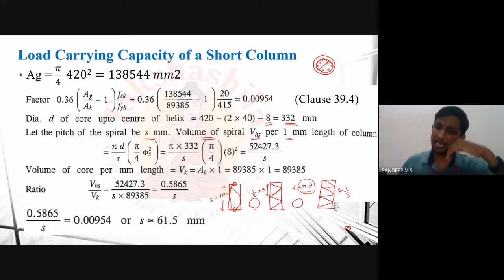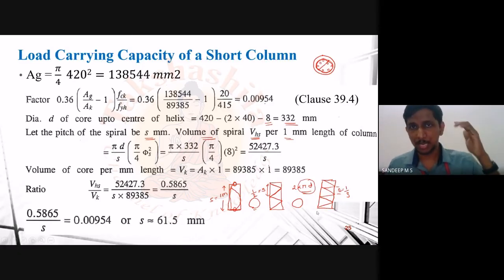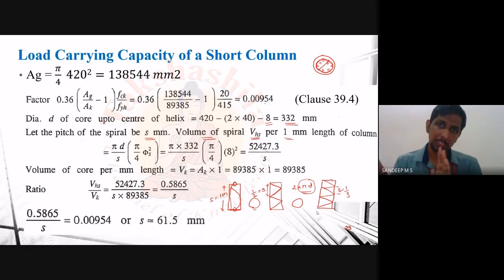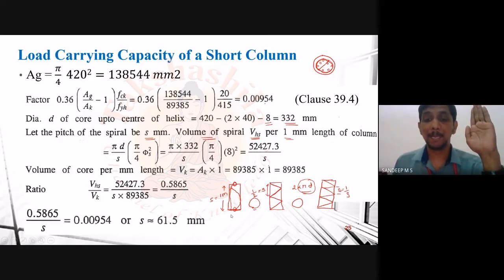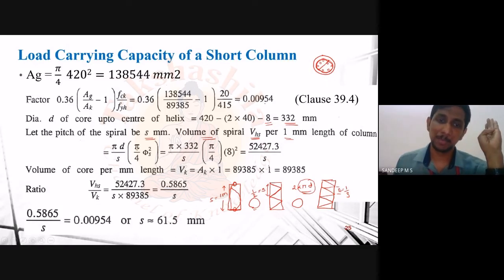In this case, since I have a helix here, I have to multiply the cross section with respect to the perimeter. So if it was the first case, the volume will be equal to pi by 4 into diameter of my tie square into pi d. Pi by 4 into d square into pi d will give me the volume.